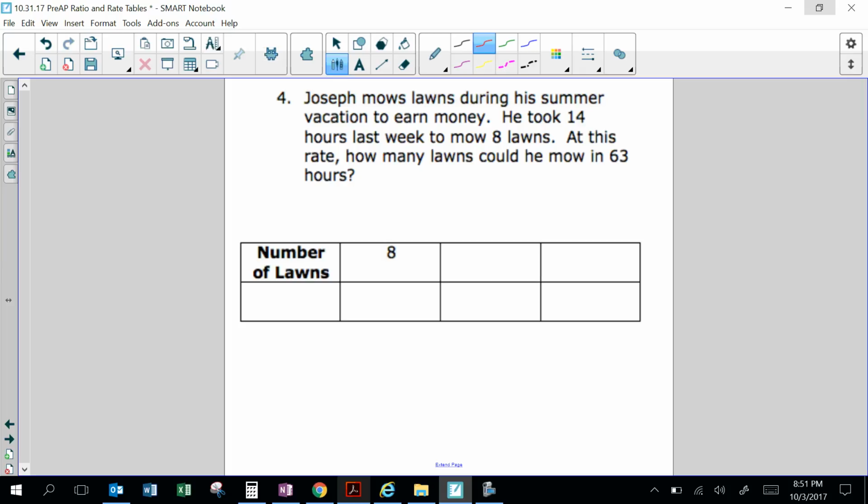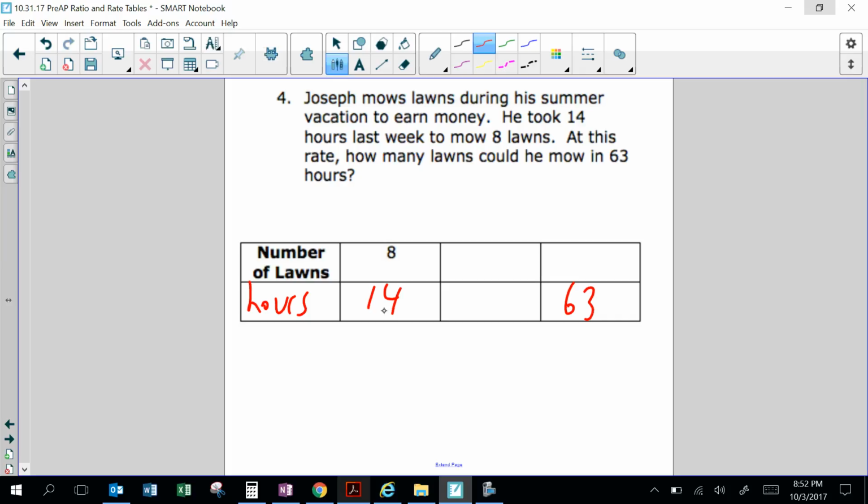Joseph mows lawns during his summer vacation to earn money. He took 14 hours to mow 8 lawns. At this rate, how many lawns can he mow in 63 hours? How are you going to build? Can 14 go into 8 or 8 go into 14? I don't think so. Can 14 go into 63? I don't think so.